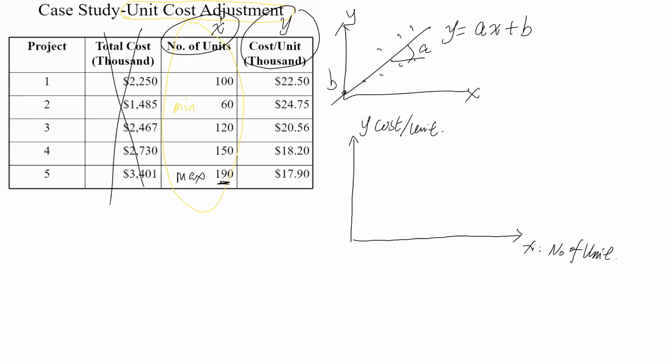So probably you need to have 50, 100, 150, and 200. And if you look at the cost per unit, you have 70, 18, 20, 24, and 22. Then you probably have something like here. Here's your 5. Here's your 10. Here's your 15. Here's your 20. And I need to extend this one to 25.